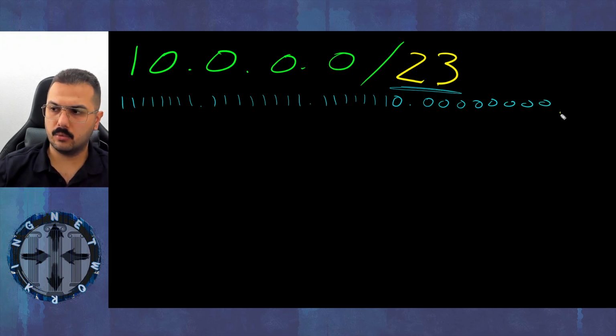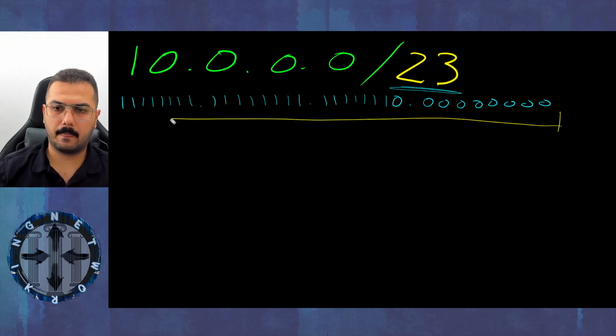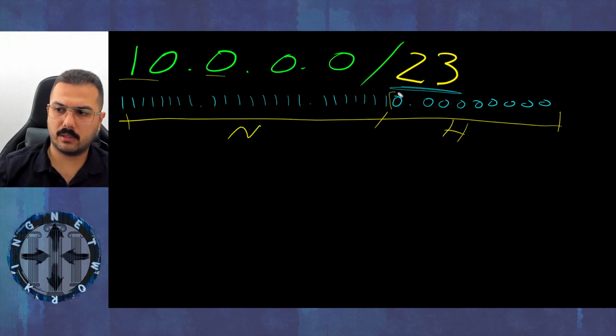And this leads to a network portion and a host portion. It looks like the first octet is locked, the second octet is locked, the third octet has some flexibility, as well as the fourth octet.